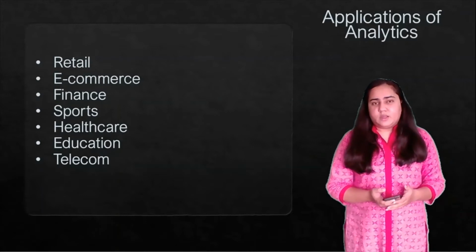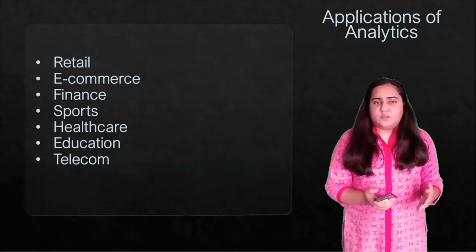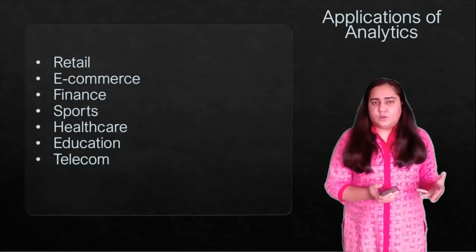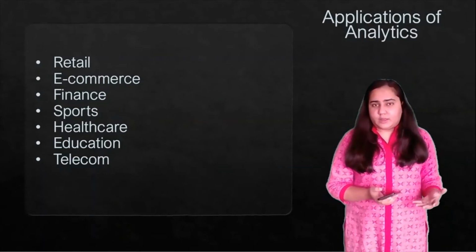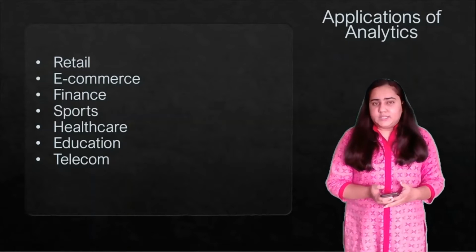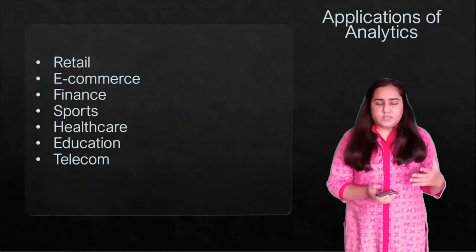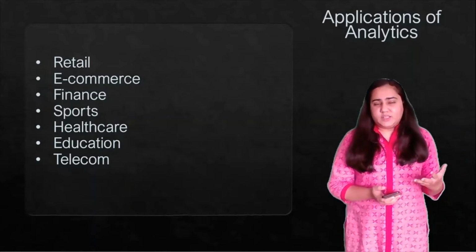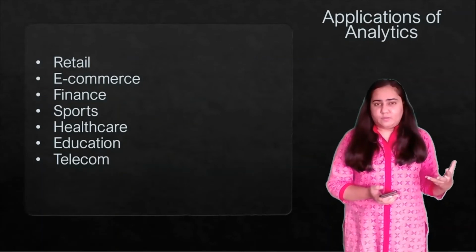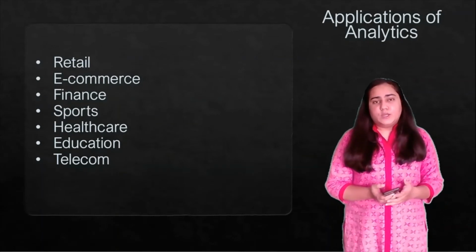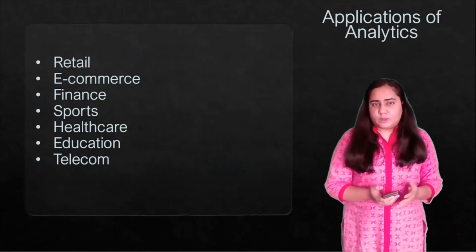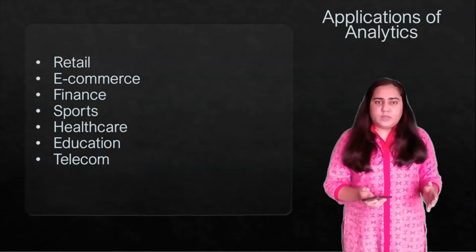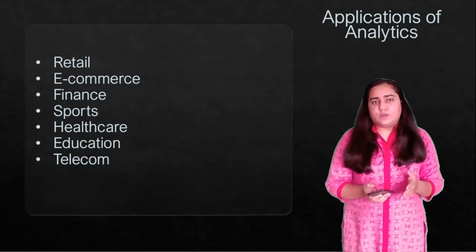The other application is in e-commerce. E-commerce is all the websites like Amazon where you can go and purchase your products online. Here too, analytics can help. It can help e-commerce owners to understand how people came to their website, because there are so many places from where you can go to Amazon.